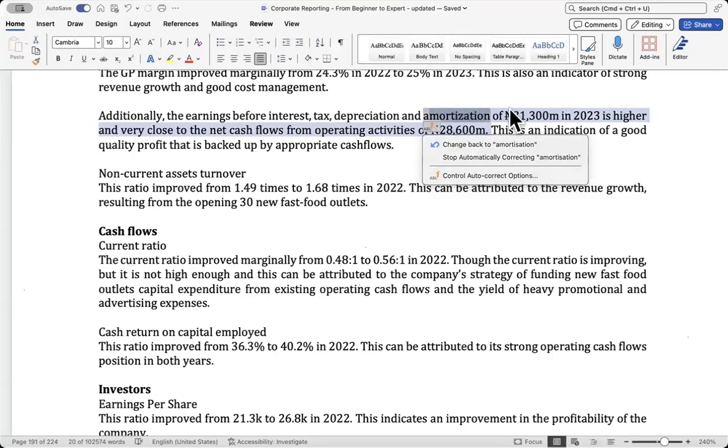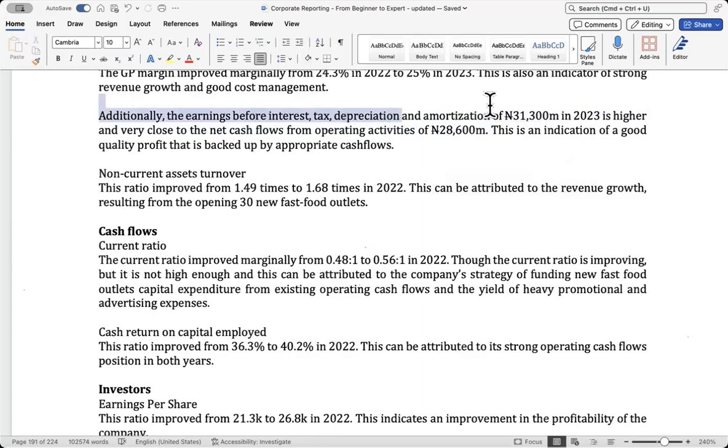That means this profit is not just about paper profit. It's backed up by appropriate cash flow. That is even before they remove depreciation and amortization. That means if they remove all of these depreciation, amortization, interest, the profit becomes lower and the profit from operation will be higher, which is good. It's a good quality profit that is backed up by appropriate cash flows. It's good.